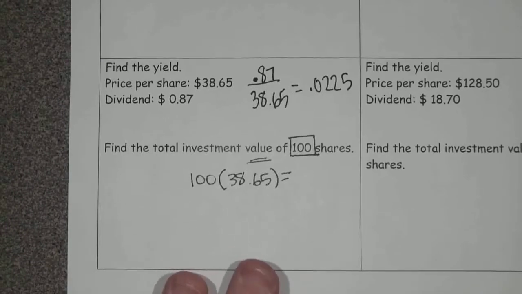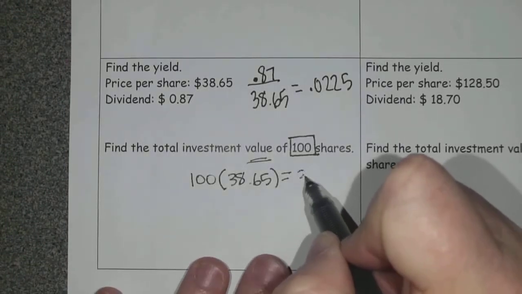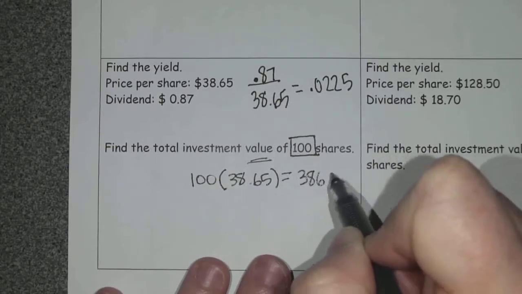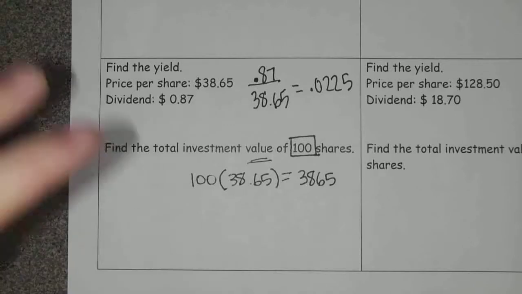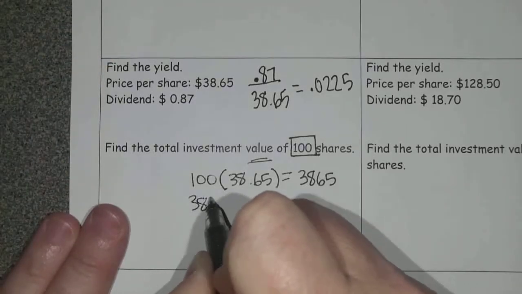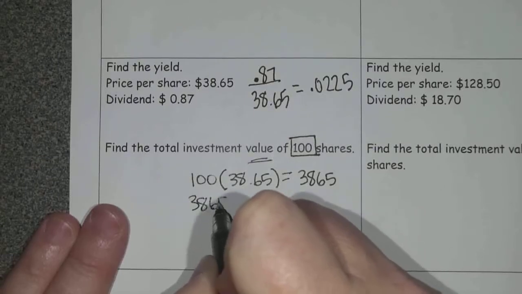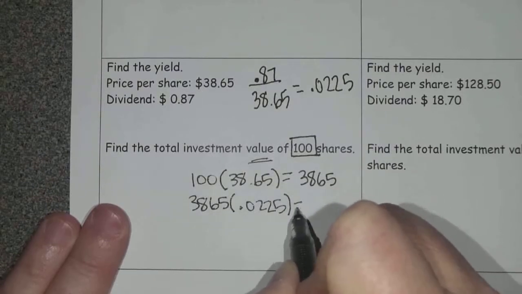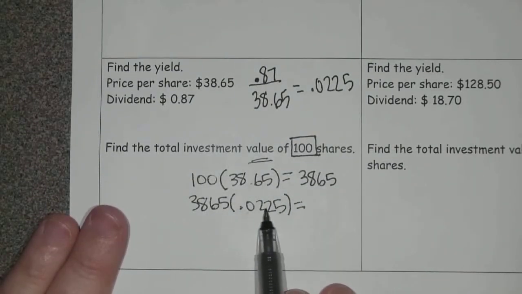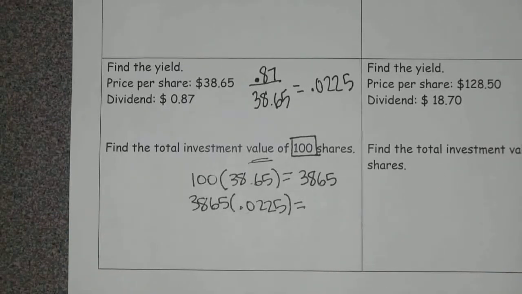So that will be 3,865. Now I need to find the new value with that yield, meaning add the money that we earned. I know I'm getting a 0.0225 yield, which is really a 2.25% yield. If I multiply those together, it tells me how much I earned on those shares.